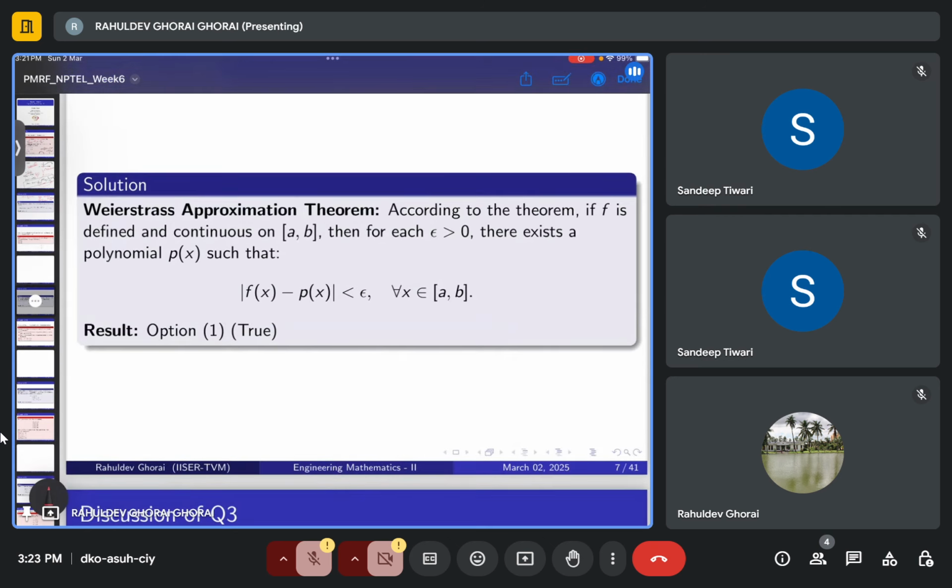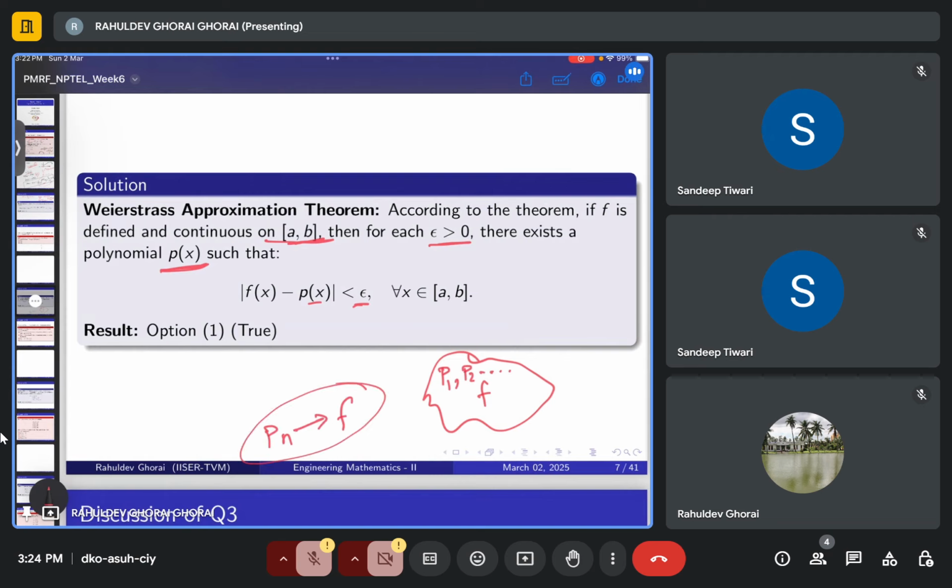The mathematically precise statement is: if f is defined and continuous on [a, b], then for each epsilon there exists a polynomial p(x) such that |f(x) minus p(x)| is less than epsilon. If you take the function space of all continuous functions, you can approximate them using polynomial functions. Means f is any function, then you can find polynomial functions p1, p2, like that, and pn will converge to that f.